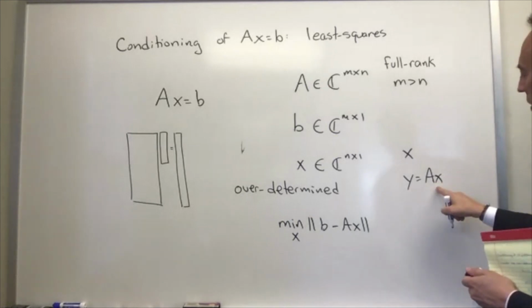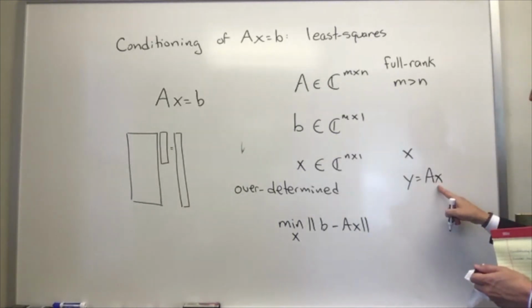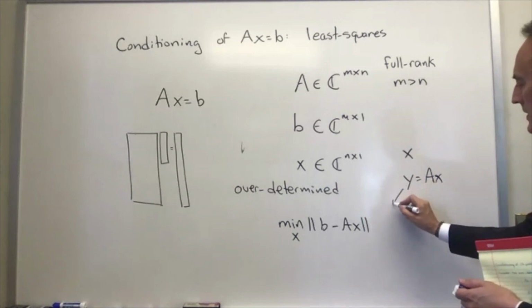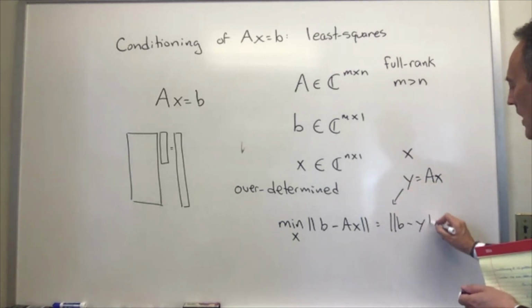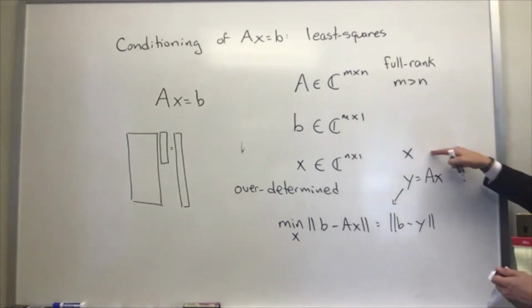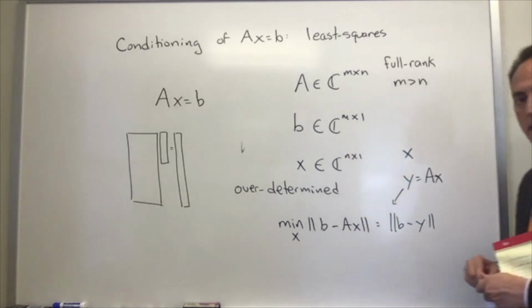And y, which is an approximation to ax. So in other words, one way to think about this is that I want to minimize the vector b minus y. So I'm interested in these two quantities, y and x.